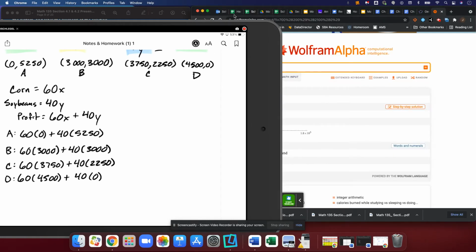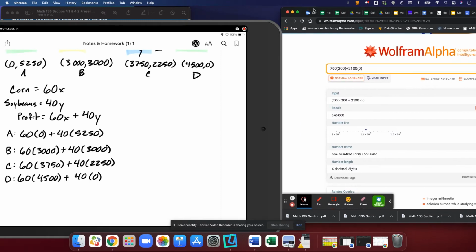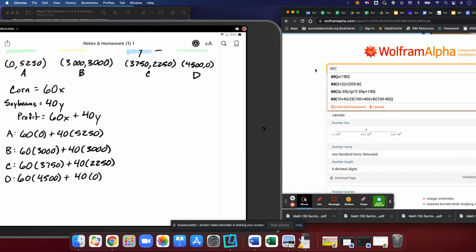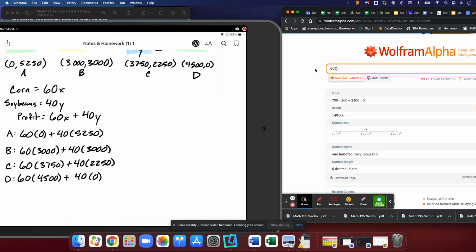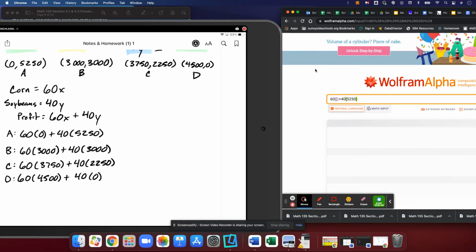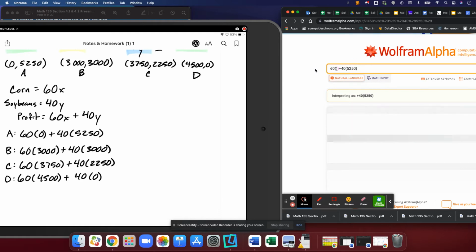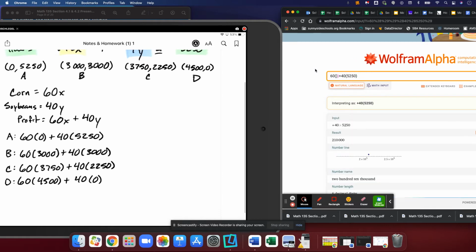So coming to Wolfram, we are going to have each one of these, and we're going to test it. So we've got 60 times 0 plus 40 times 5250. And that's going to come out to be $210,000.